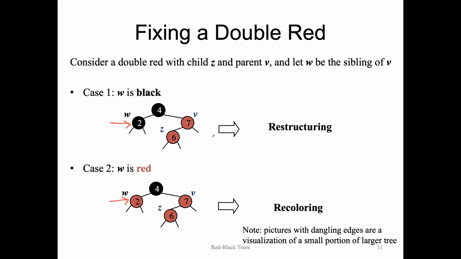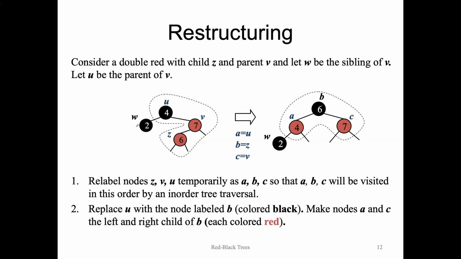So we inserted a new node, we created a double red, and the sibling of the parent of this double red is black. In that case, we do a restructuring. We want to maintain the internal node property that says any children of a red node are black.